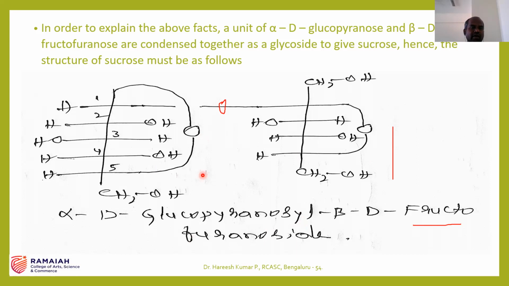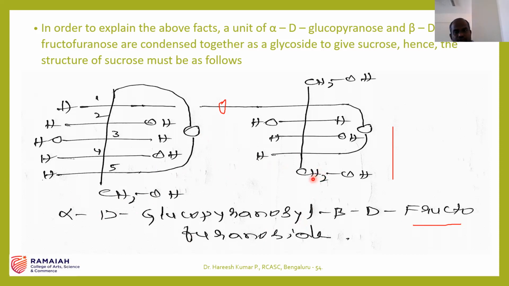By the combination of alpha-D-glucopyranose and beta-D-fructofuranose. Why do we need to combine them? To compare this product with the previously obtained compound from the structural elucidation.